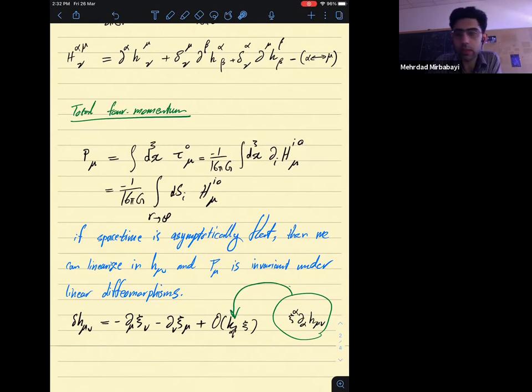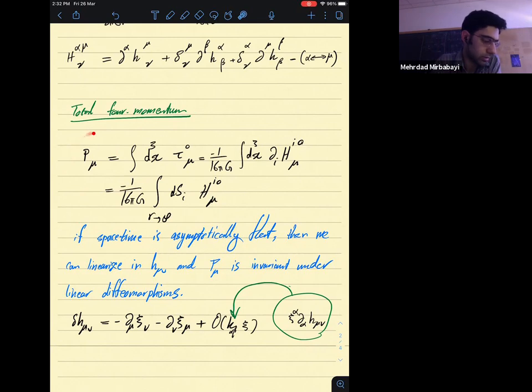Actually, there is one subset of transformations that do change the result. Those are the Lorentz transformations. So those xi that correspond to Lorentz transformations actually survive, and they just correspond to the fact that when I say asymptotically Minkowski, I still have the choice of a Lorentz frame.